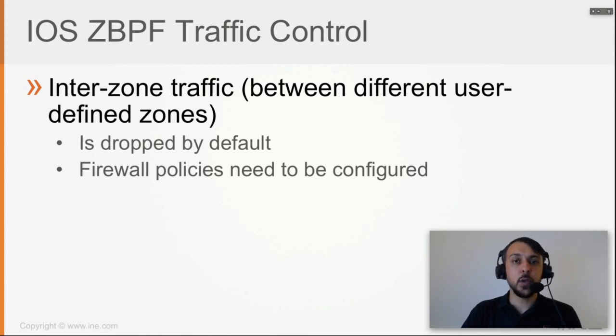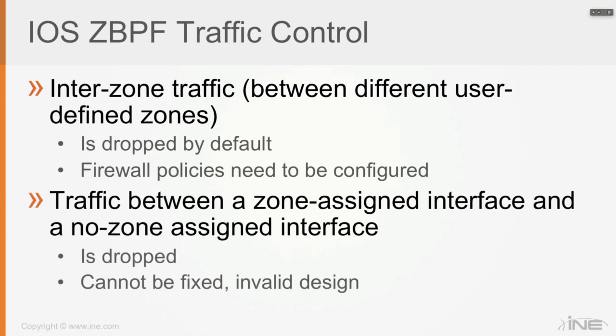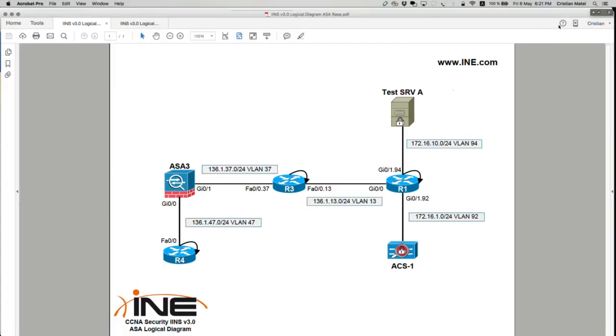You segment your network into security zones, and then you want to control which traffic can flow between zones and how can it flow between zones. So it makes sense that all interzone traffic is dropped by default unless you manually configure firewall policies for interzone traffic. And of course, traffic between a zone assigned interface and a no zone assigned interface is dropped because this is invalid design, and you cannot fix that up.